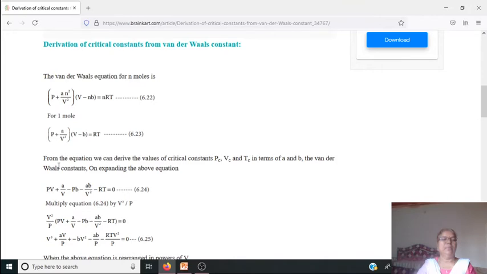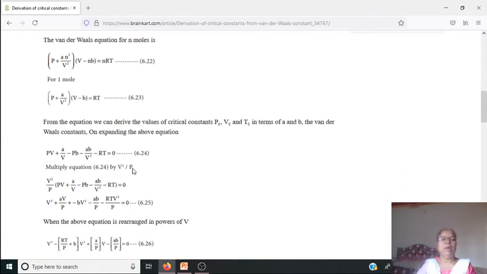Then from the equation we can derive the values of critical constants. That means critical pressure we denote as Pc, critical volume we denote as Vc, and critical temperature we denote as Tc, in terms of a and b, the van der Waals constants, on expanding this equation.